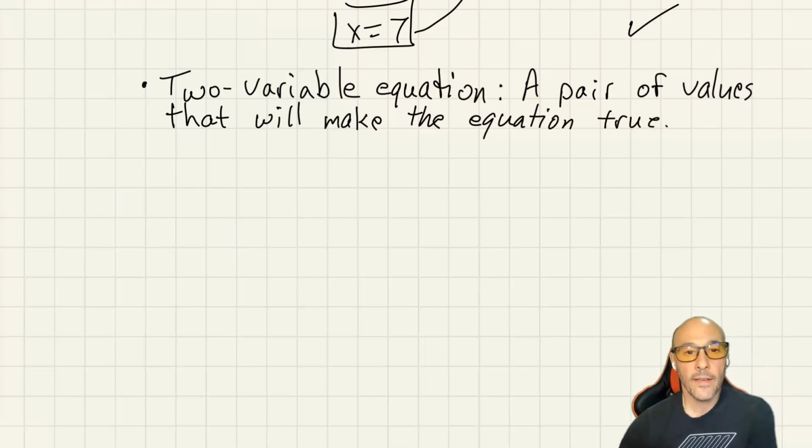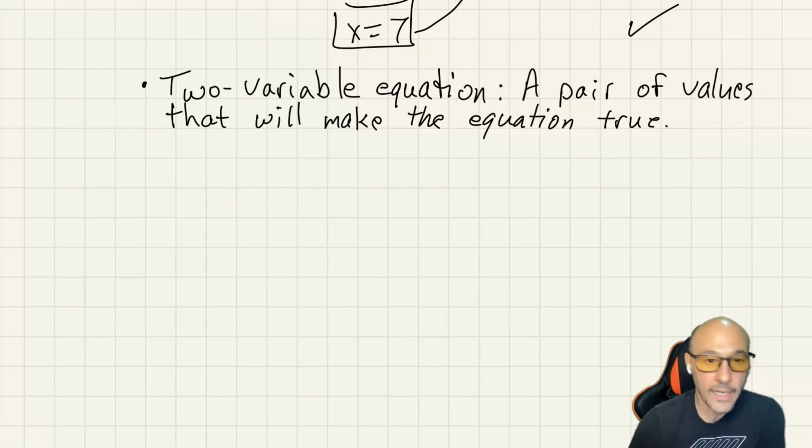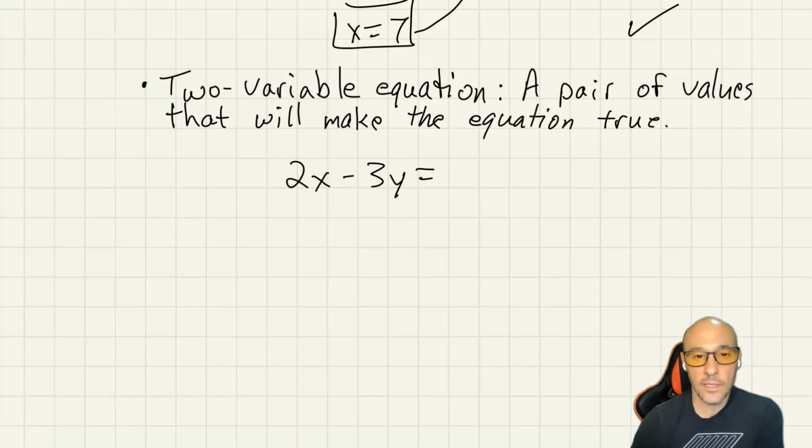And so let's have an example, 2x minus 3y equals 6.